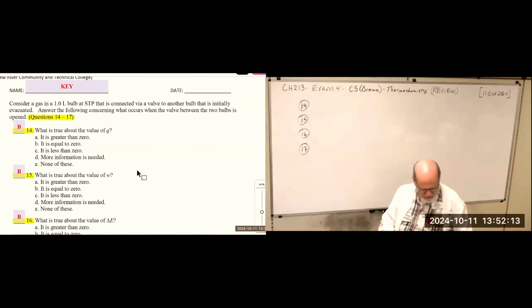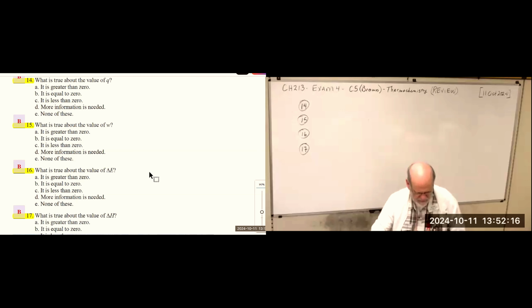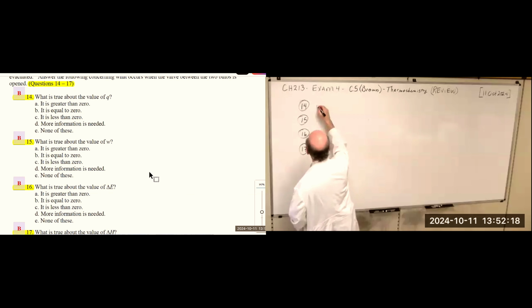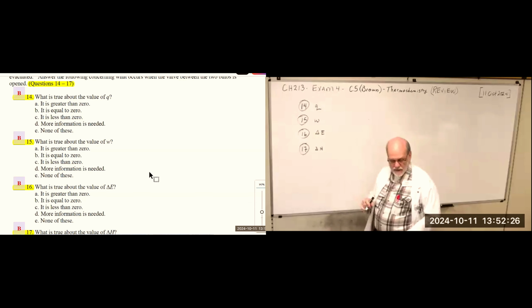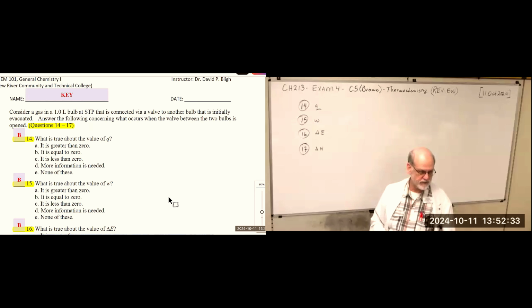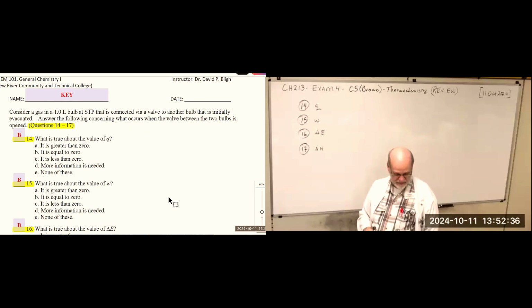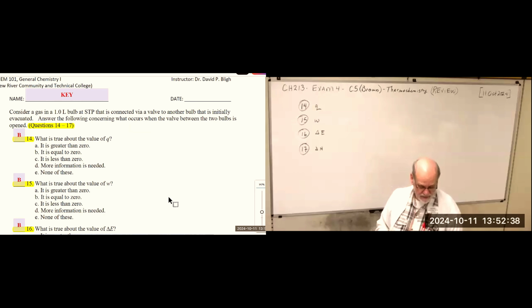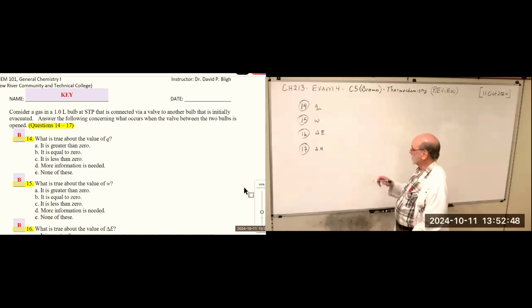The true value, okay, we got Q, W, delta E, and delta H. Q, W, delta E, delta H. Okay, so based upon this paragraph, a 1 liter bulb at STP, standard temperature and pressure, is connected via a valve to, get this out of my way, it won't move. There. Initially evacuated.